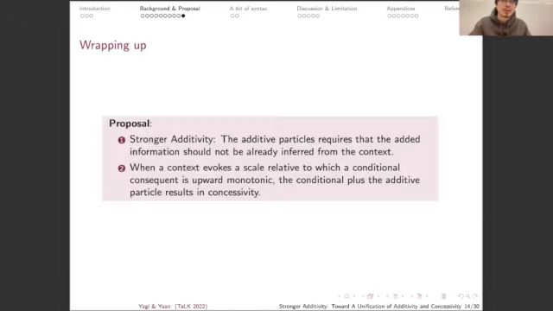That was a prediction. So, wrapping up, we had a scalar additivity, which requires the consequent or a conditional not to be inferred from the context. And only when a context evokes a scale that makes the consequent scalar upward monotonic, we see the effect of strong additivity and see the concessivity.